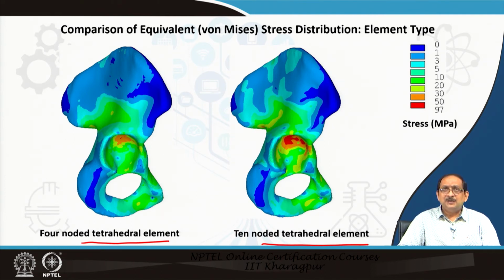So, in this slide we present a comparison of the equivalent stress distribution corresponding to the two different element types. Here you can see that the stresses generated in the 10-noded tetrahedral element model is higher than the 4-noded tetrahedral element model.